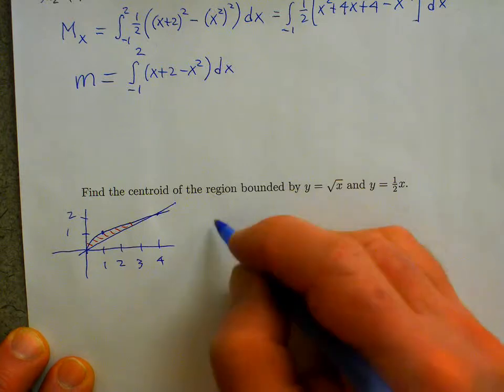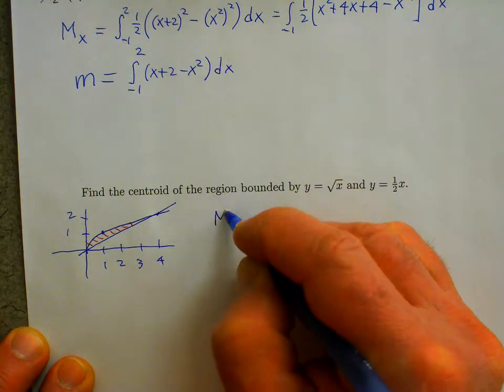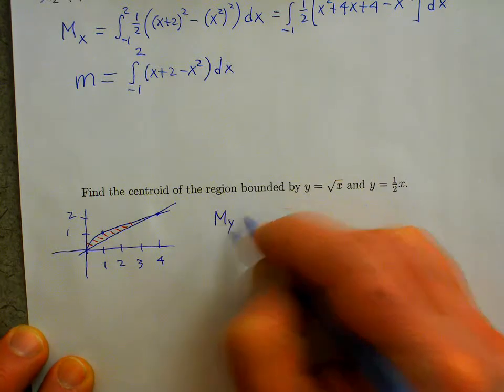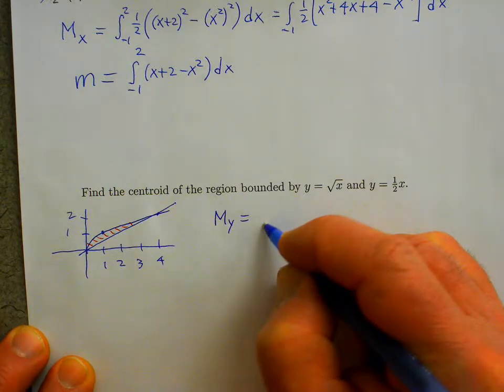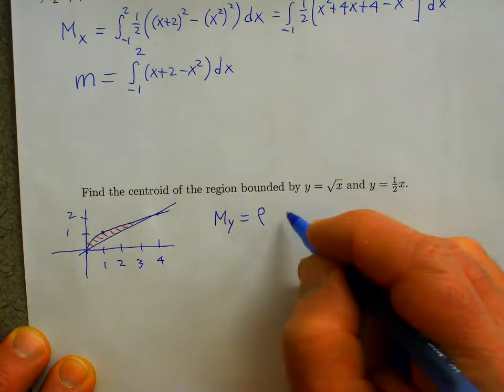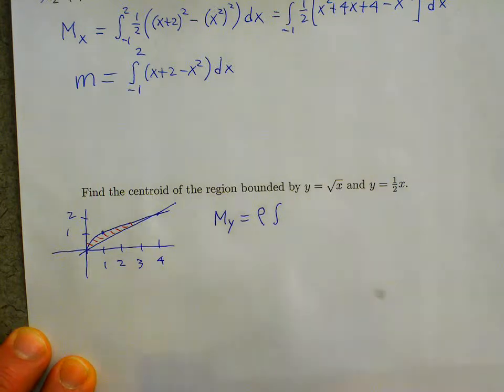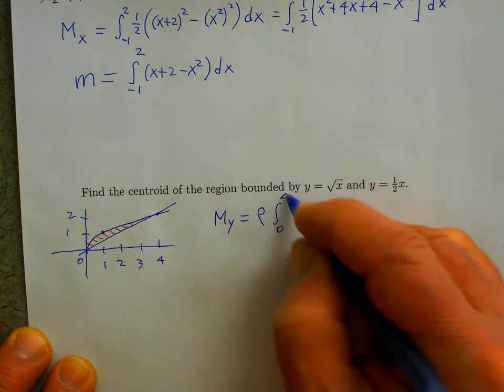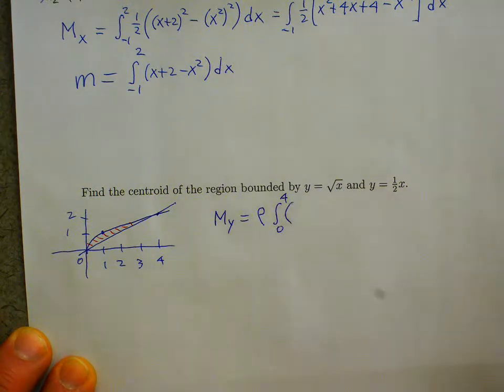Okay, I'm down to a few seconds. The moment of that region about the y-axis, let's throw in rho this time: rho times the definite integral from 0 to 4, since the two graphs intersect at x equals 0 and 4, of x times the quantity square root of x minus 1/2 x.